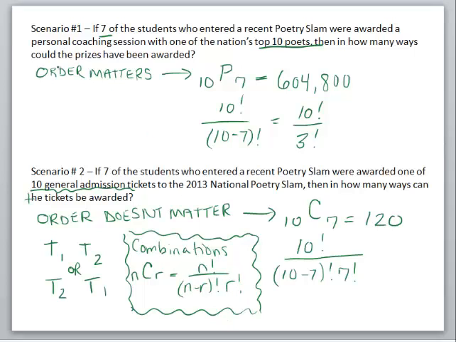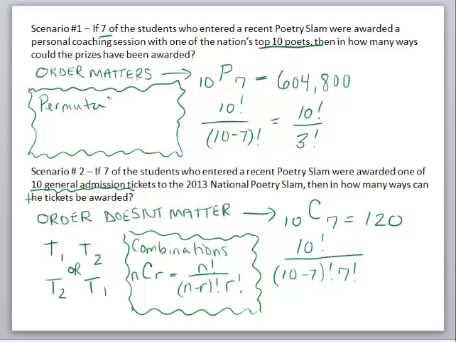If I take a look at permutations, in general, making sure that I have my formulas clear, again, order does matter. In permutations, I have NPR, the number of permutations of n things taken r at a time.